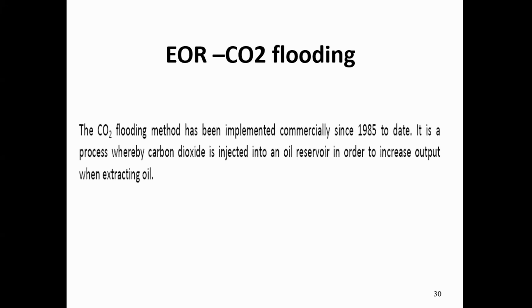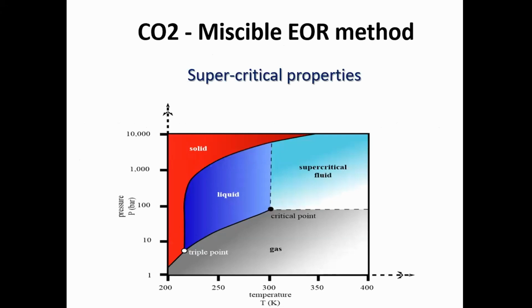And it's flooding, we don't do injection. Remember now, tertiary recovery is flooding, not injection. If you want to choose CO2 as a tertiary recovery, think about miscibility. Ask yourself, how can I make CO2 miscible in oil? The answer: you change the CO2 into something called supercritical CO2.